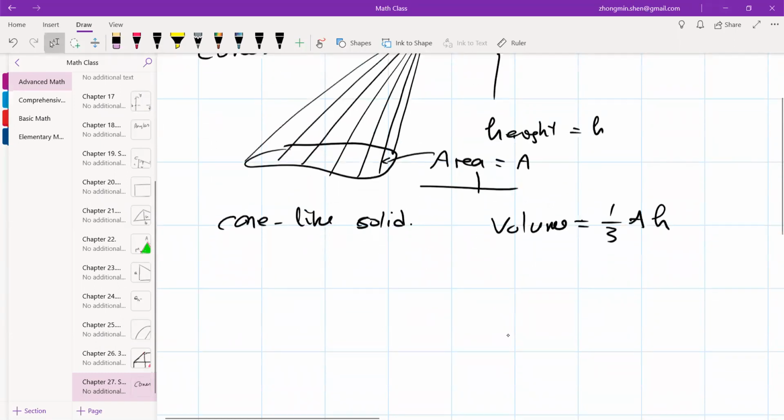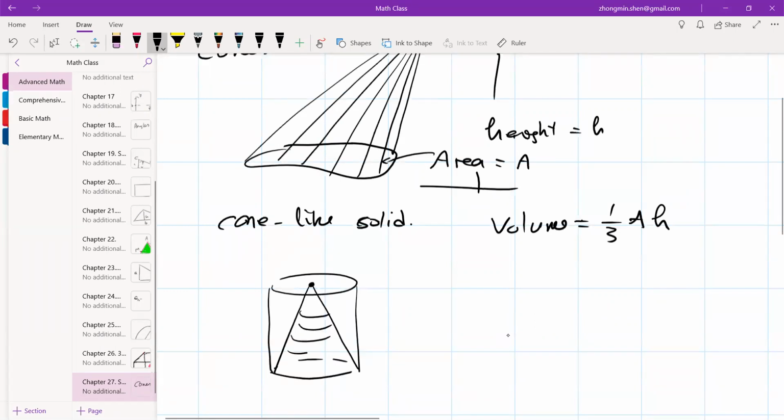For example, take the circular cone. This is a circular cylinder, and this is a cone inside. If this is the height and the radius is r, then the volume of the cylinder is going to be base area A times height.